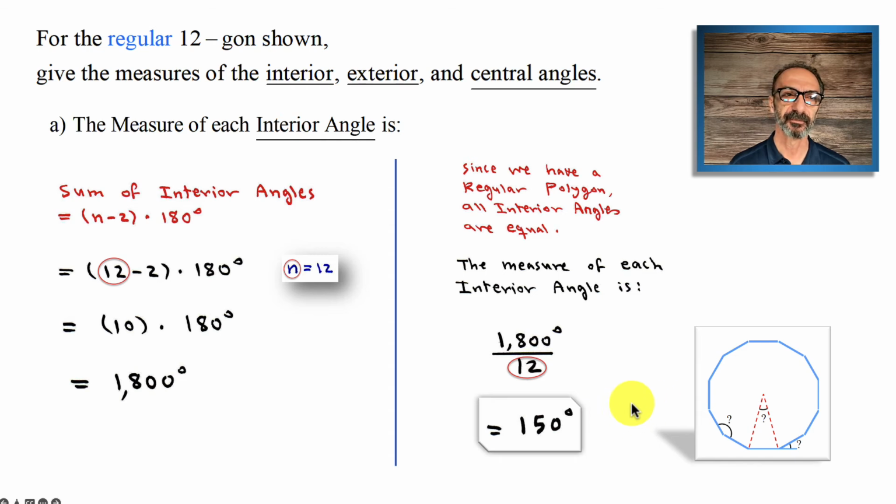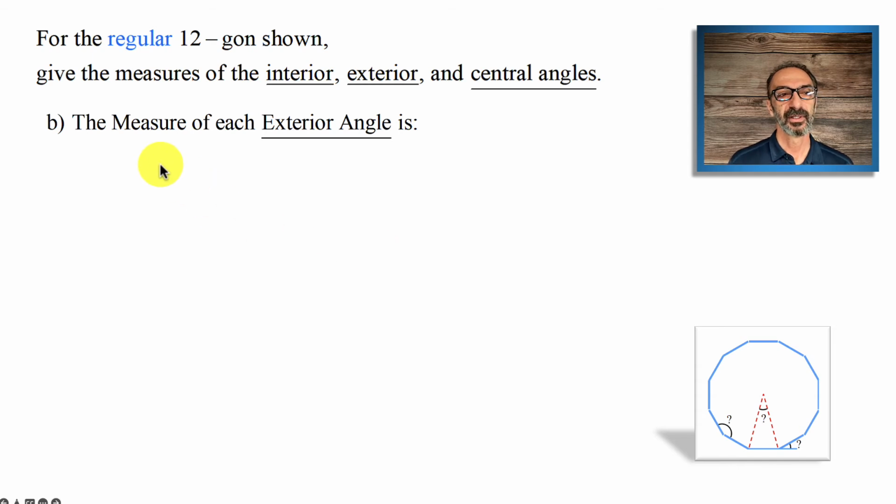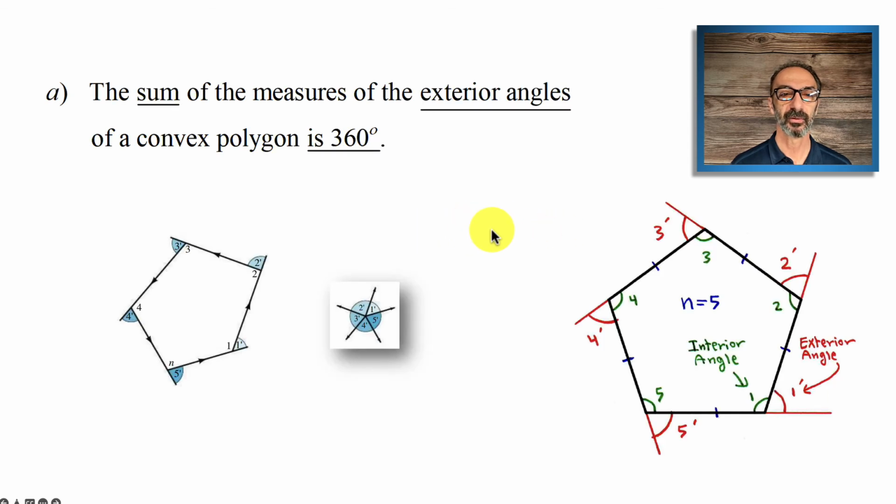Let's go to part B. Part B is the exterior. The measure of each exterior angle, just like this one, to find it, we know that the sum of the exterior angles adds up to 360.